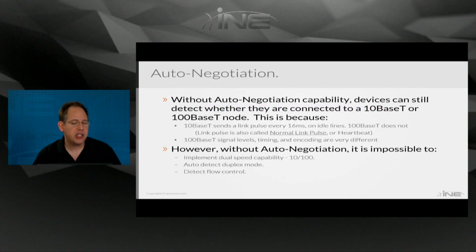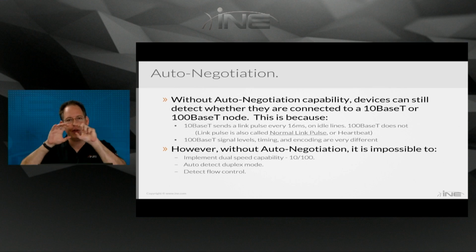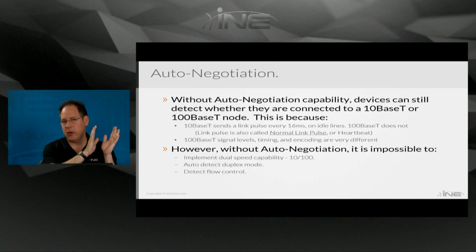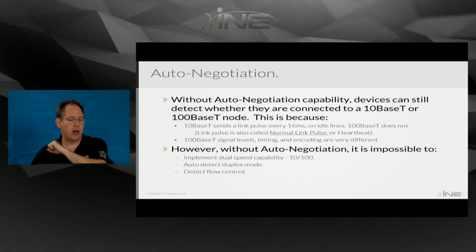Now, when auto negotiation first was developed, and this was a while ago, like 20 plus years ago probably, when it was in its infancy, it wasn't necessarily all that stable. And the thing with auto negotiation was if you had two devices, for example, a switch that was capable of auto negotiation connected to an older NIC card on a server, and that server did not support auto negotiation.